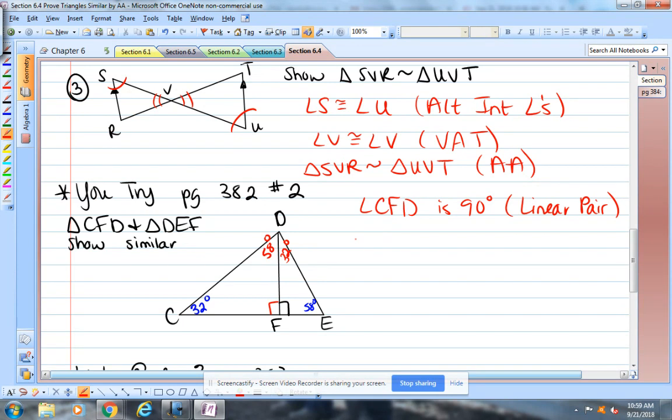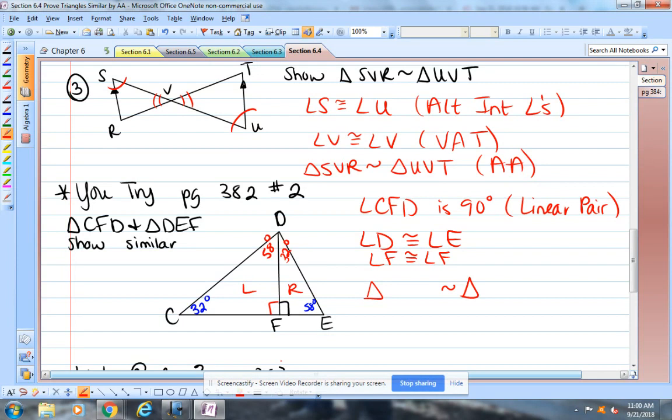So angle D from one triangle is congruent to angle E from another one, right? And obviously, angle F is congruent to angle F because they're both 90 degrees. So now, y'all, let's be careful with our similarity statement. I got two triangles, one on the left, one on the right. And make sure you put the correct angle with the one it corresponds with.